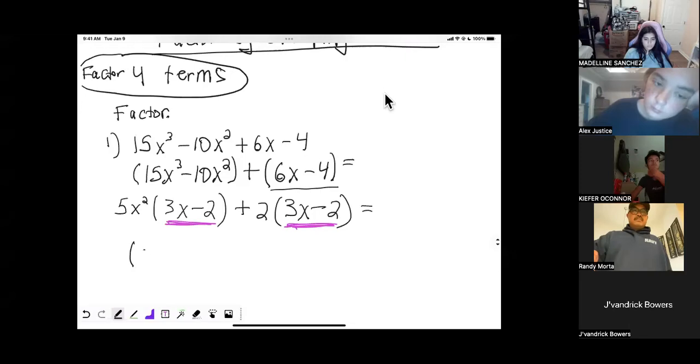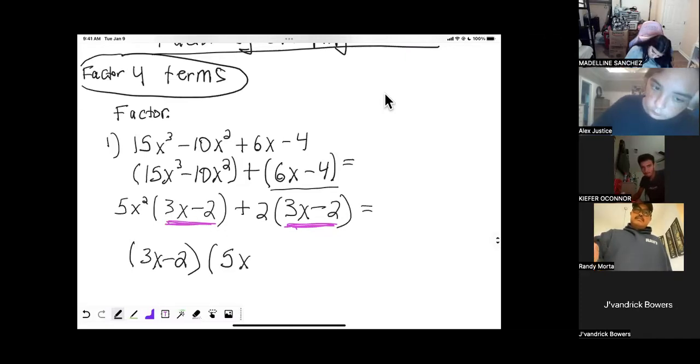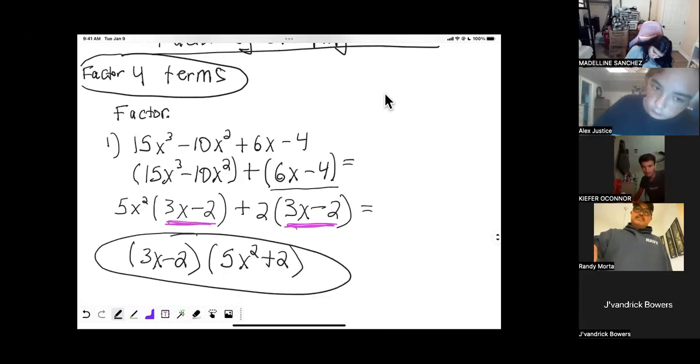Write it down once, 3x minus 2. What's left over? What was not used? 5x squared plus 2. You just factored by grouping. What's the same? Write it down once. What's left over? 5x squared plus 2. Done. Factor by grouping.